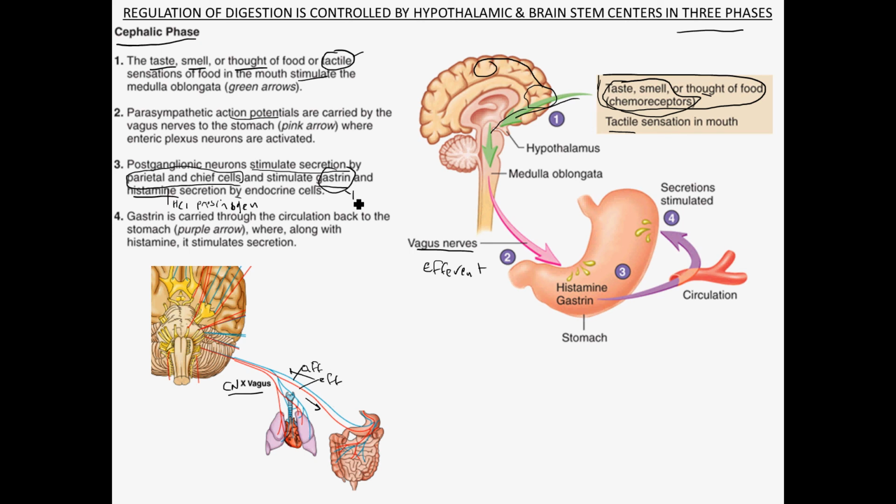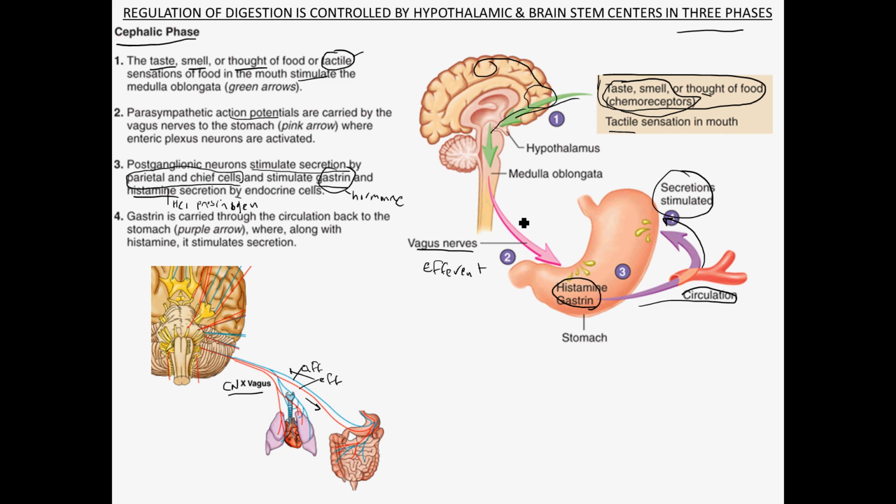Gastrin being released, and again, this is a hormone. And so the hormones histamine and gastrin are released into the circulation, into the bloodstream, and then that gastrin will actually stimulate more secretions by the parietal and chief cells.